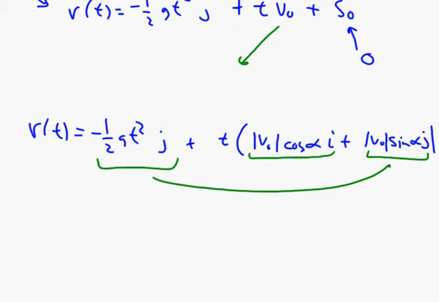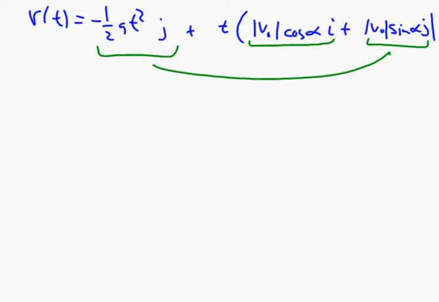So let's write R of t one more time. R of t is going to equal the norm of V0 times t cosine alpha i plus, and then we're going to have this expression. I'll write it this way.